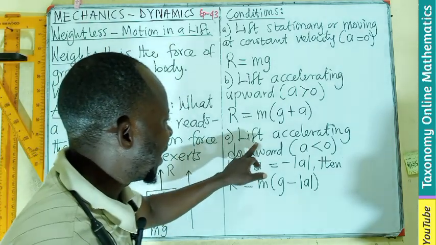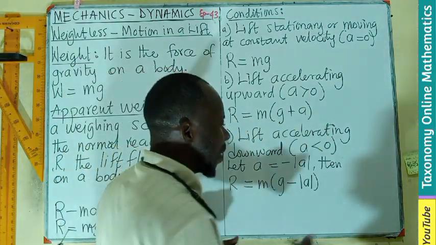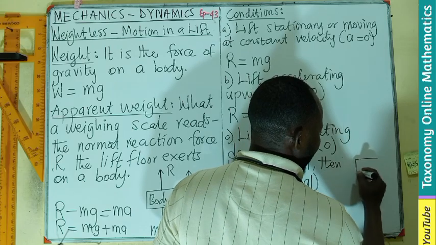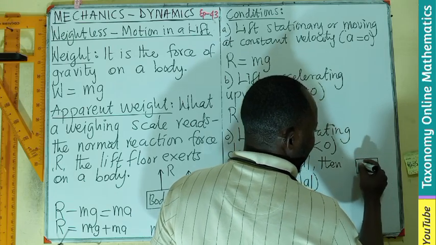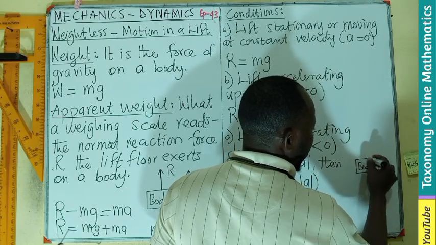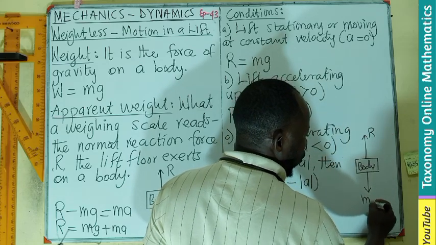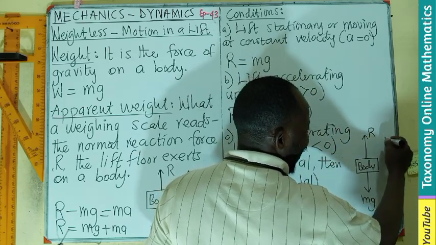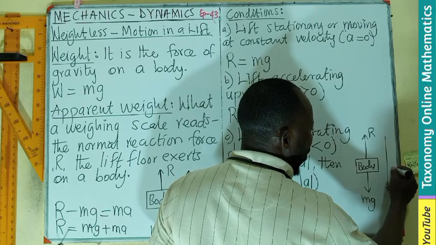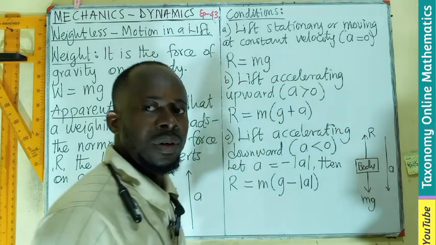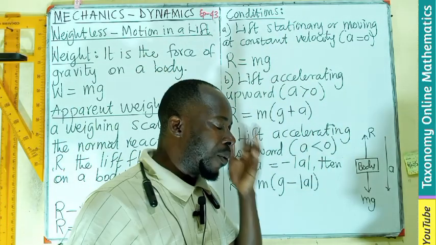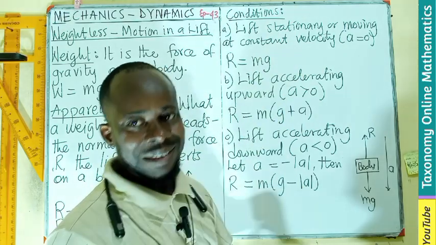All right. Then if the lift begins to move down, let's say we have the body, then the normal reaction, and the weight of the body is also acting down. Then the lift is now moving what? Downward. Now the lift is moving downward here, as in accelerating down.